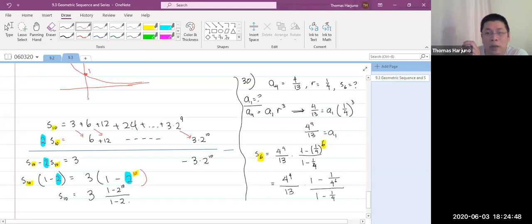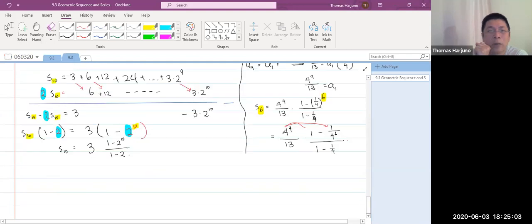I will distribute the 4 to the 4th. I hope that way the numbers don't grow too fast. So I get 4 to the 4th minus 4 squared over 13 times 1 minus 1/4.